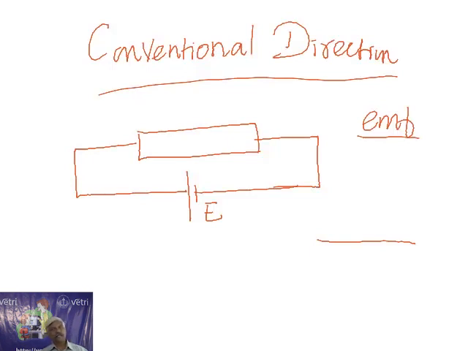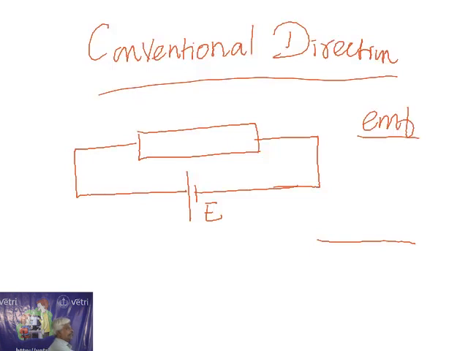If it is in random motion, we cannot have a current. We cannot judge the direction. So in order to make the electrons move in a particular direction, an external force is needed. That external force is called electromotive force. Even though it is called a force, it is not a force, it is the amount of work done. Keep that in mind.